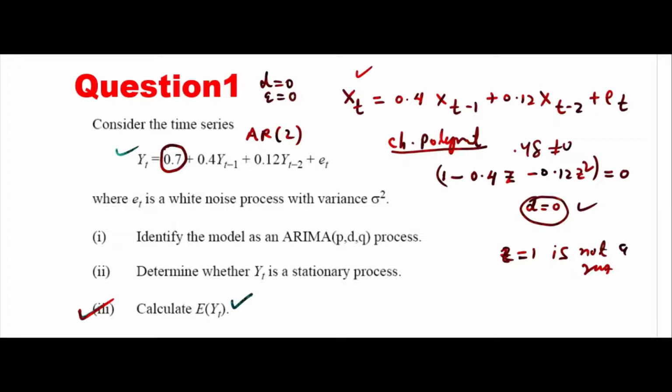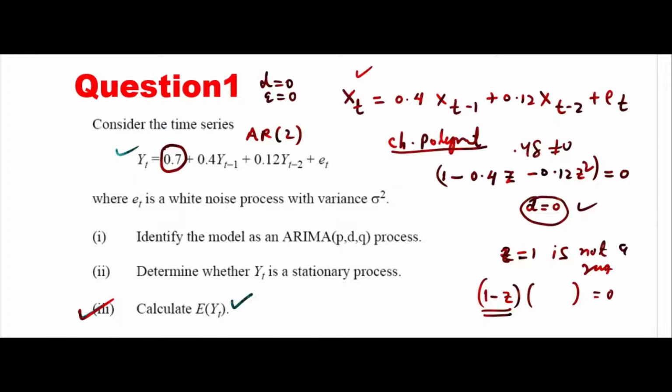If 1 is a root, that means 1 minus z will be a factor here. If you get any 1 minus z factor, then you will have D also. So you have to check whether you have a 1 minus z factor or not. Even that is not required. If you have a cubic polynomial, it will take a lot of time.